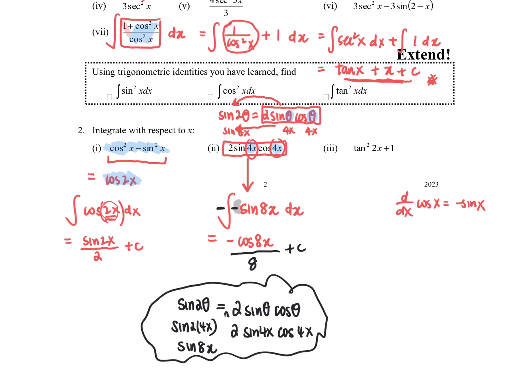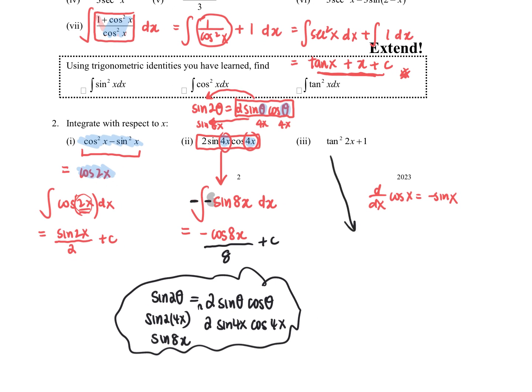Okay, then the very last one. How can I simplify it with identity? So if you all can still remember, 1 plus tangent square x is secant square x.